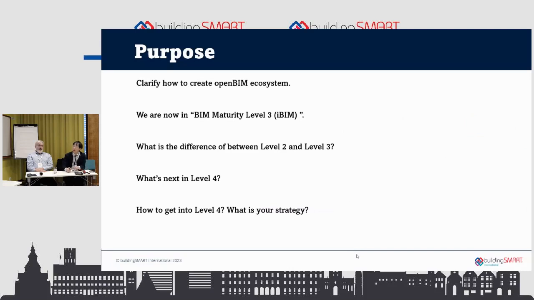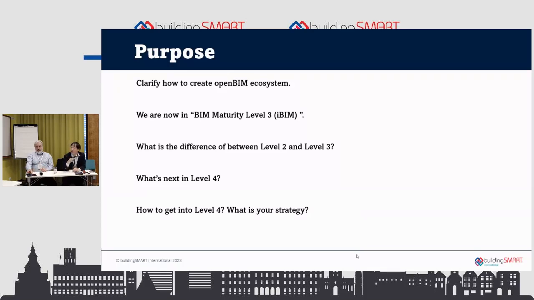So today's purposes are these. You already have a lot of information, your head is packed with it. But we want to set the same starting point. Firstly, clarify how to create an openBIM ecosystem, and to do that, where we are now is very important.